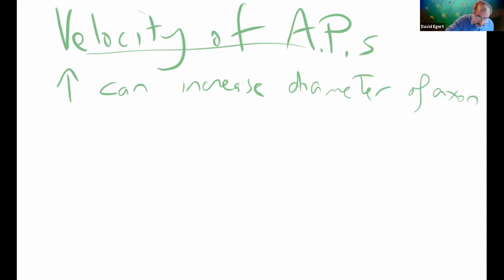If you increase the diameter of the axon, the voltage stays higher and you don't have to use as many channels to keep the voltage up. We see this in our own axons. We see this to the extreme. Extreme example.